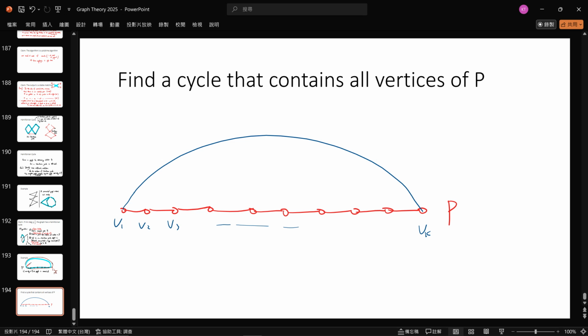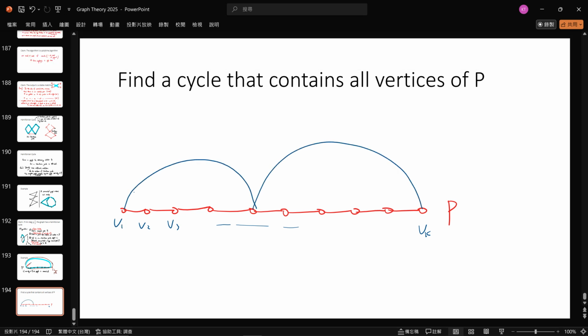Well, let's see. If the two endpoints have a common neighbor, well, close, but this is not a cycle. Right? Close, close. But this gives us a nice hint. The hint is that we can find multiple edges. So exactly like in this case, 2.